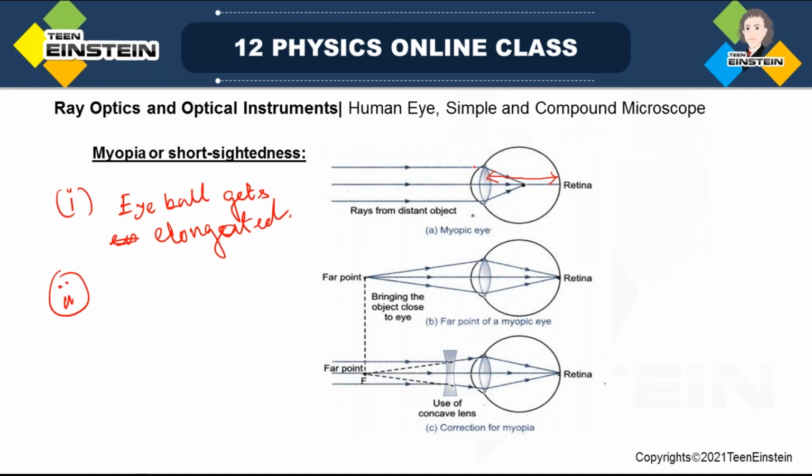Look here, the parallel rays will be converged before the retina, much before the retina.